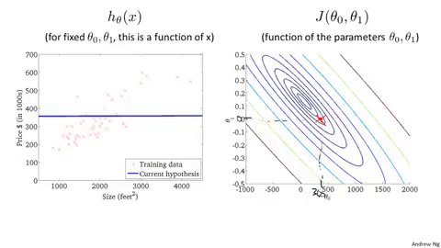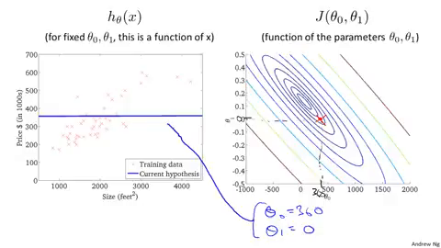So, let's write that out: theta 0 equals 360, theta 1 equals 0. And this pair of parameters corresponds to that hypothesis, a flat line. This is h of x equals 360 plus 0 times x. So that's my hypothesis. And this hypothesis, again, has some cost, plotted as the height of the J function at that point.